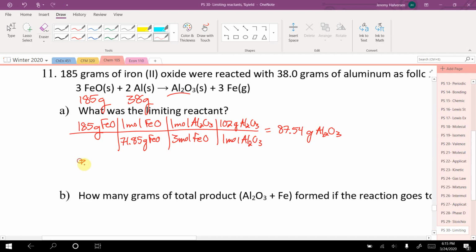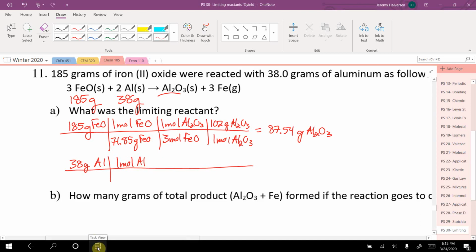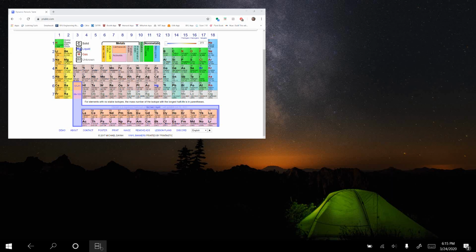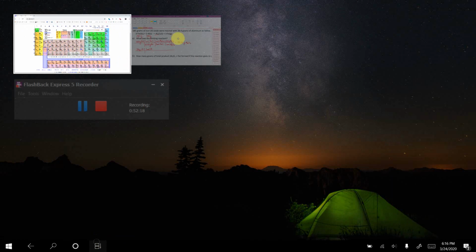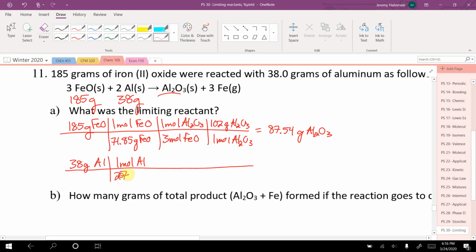Okay, so now I'm going to do the same thing with my 38 grams of aluminum. 1 mole of aluminum is 27 grams of aluminum, and 2 moles of aluminum from my reaction make 1 mole of Al2O3, and then 1 mole of Al2O3 weighs 102 grams.